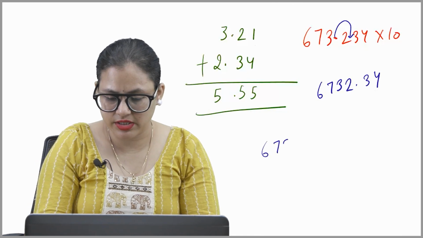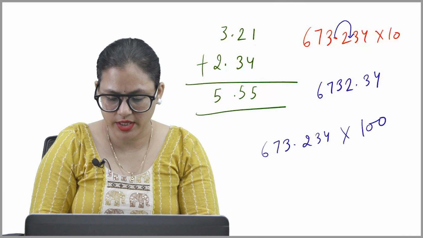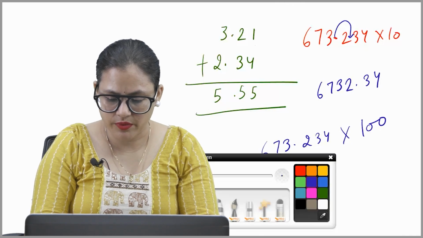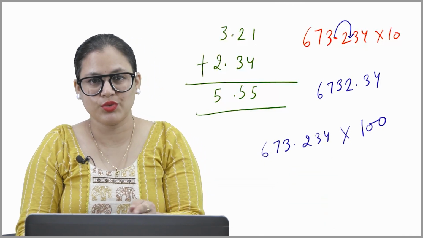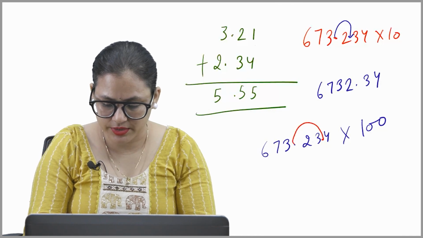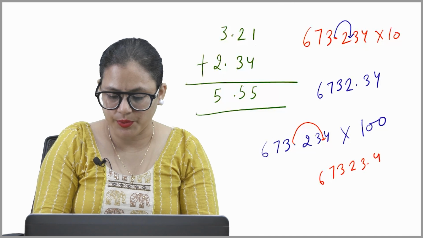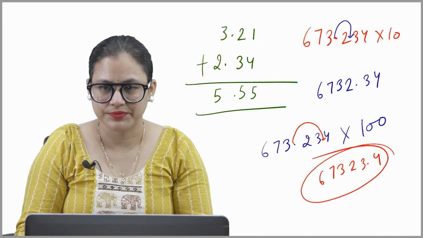Next is 673.234 into 100. Now where will this point shift? To the right by 2. 1, 2. So this decimal will come here, that is 67323.4, right?